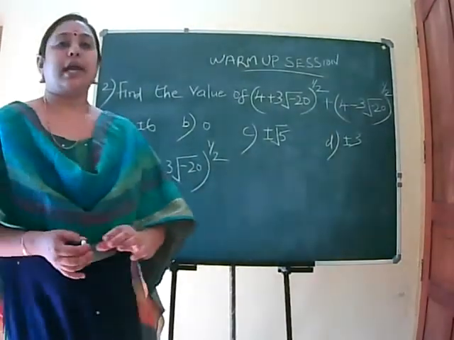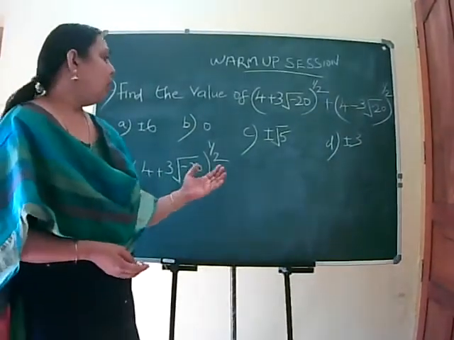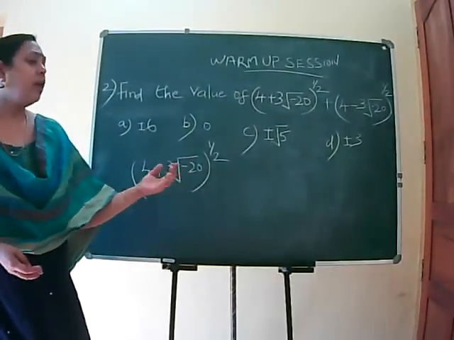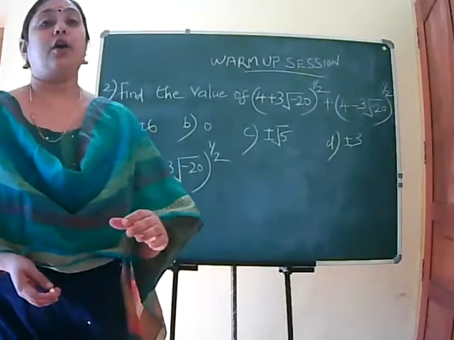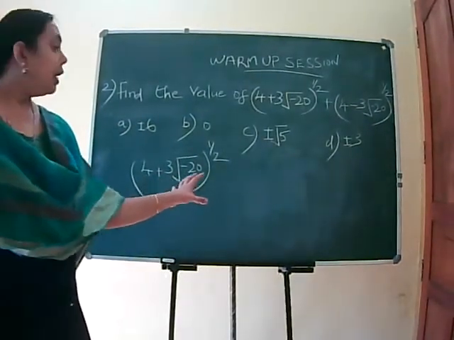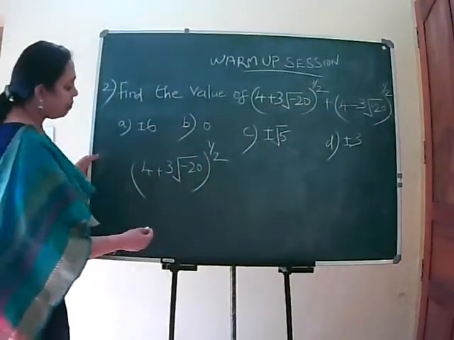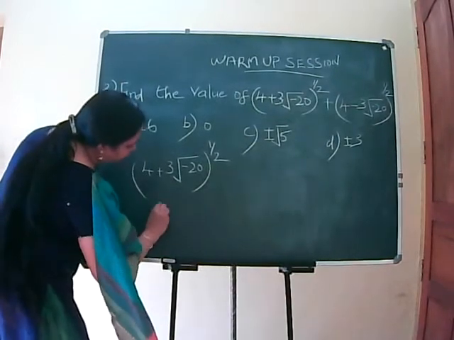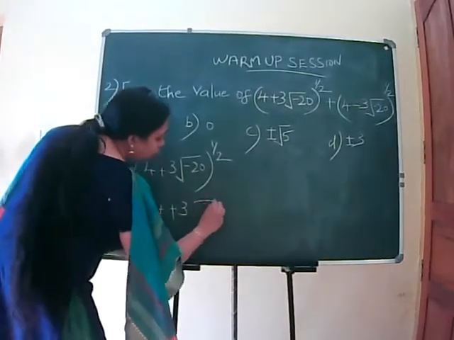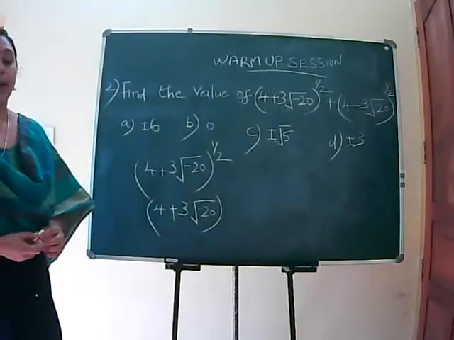Any math student can easily have an idea that to simplify an expression including a square root, just take the square of that expression, isn't it? So, first of all, take the square of this expression, that is, 4 plus 3 times square root of minus 20.